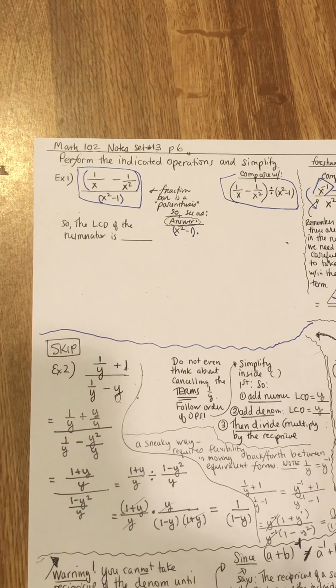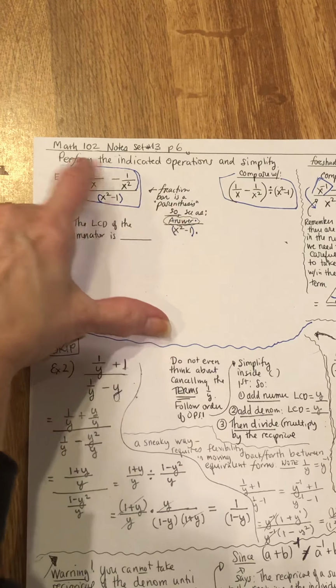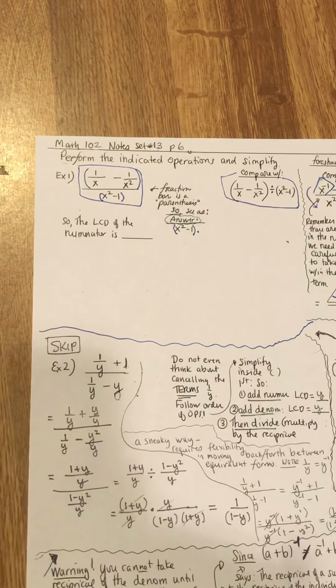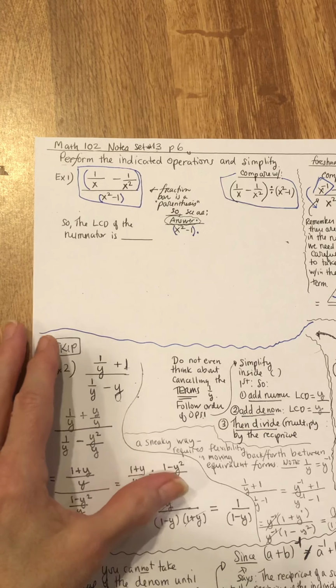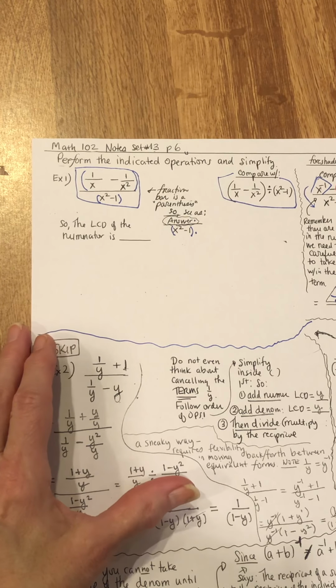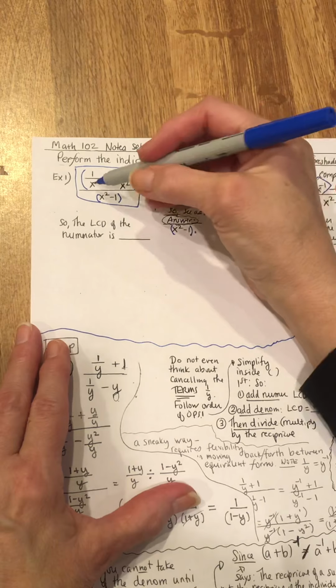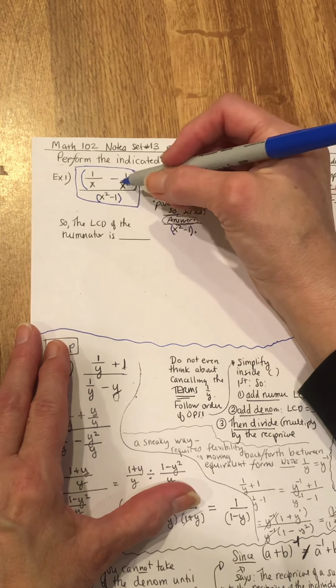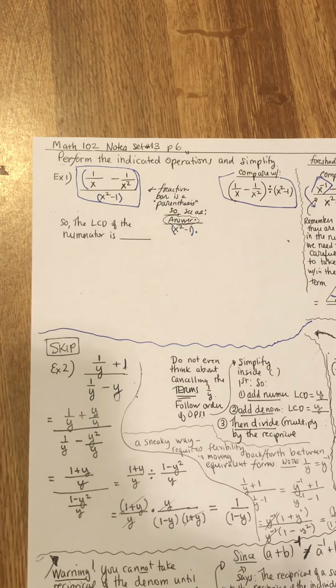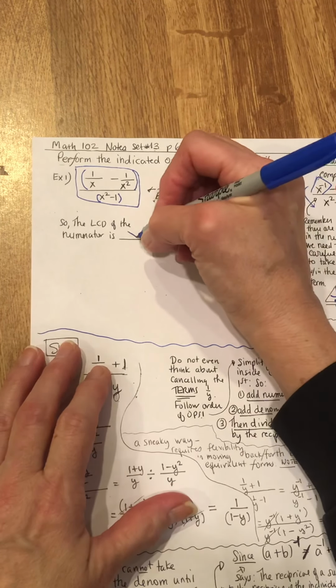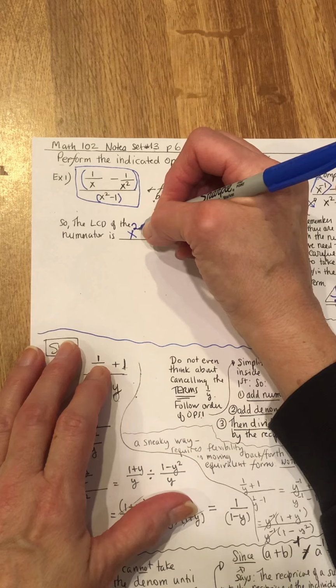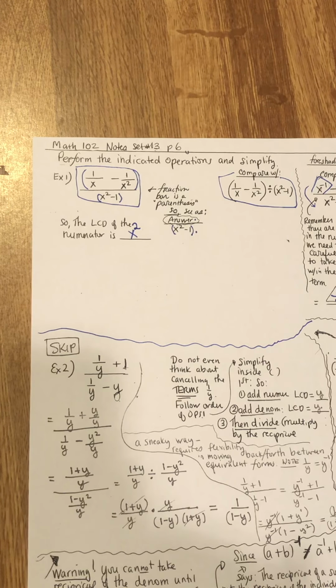So I need to figure out what the answer to the numerator is. I've got to add. So what's the LCD of the numerator? These are always fun to talk about. Well, I've got the denominator of x, denominator of x squared. Those are in factored form. And the LCD, the only factor you see is x. Take the x with the largest exponent you see, it's x squared.